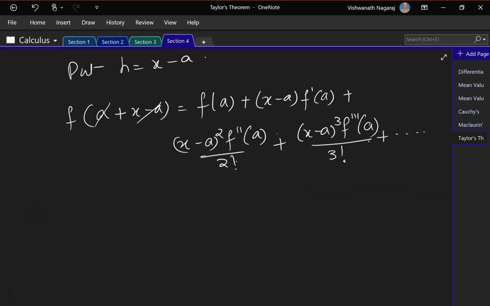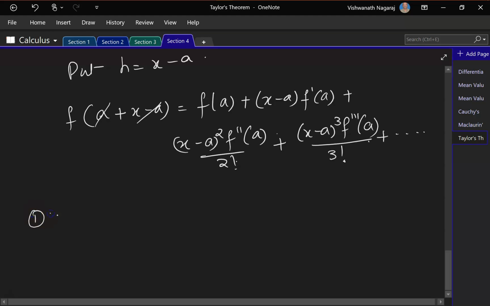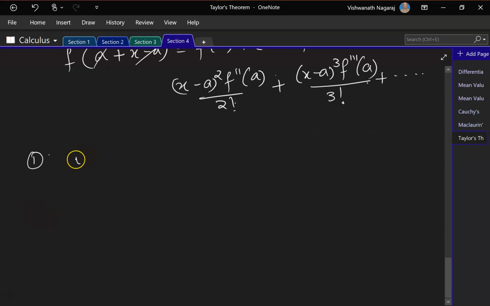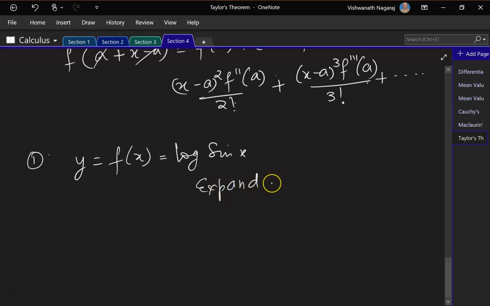Okay, now let's see how does this help. Let's say we have a function y is equal to f of x equal to log of sine of x, and we want to expand it in powers of x minus 2.